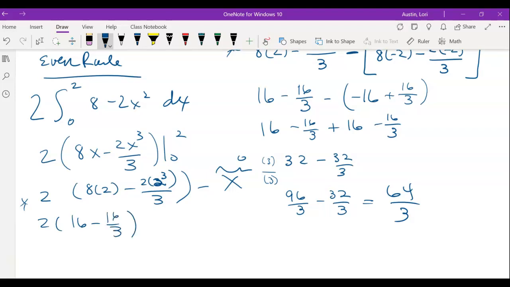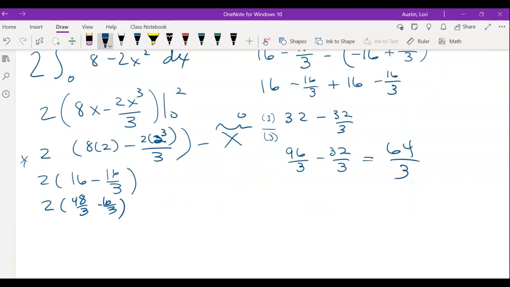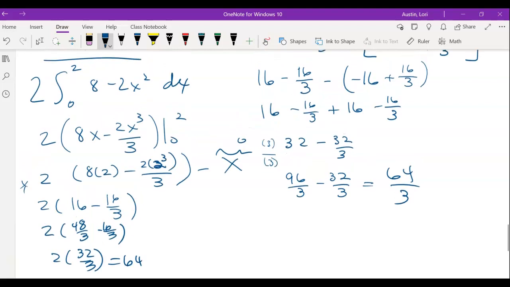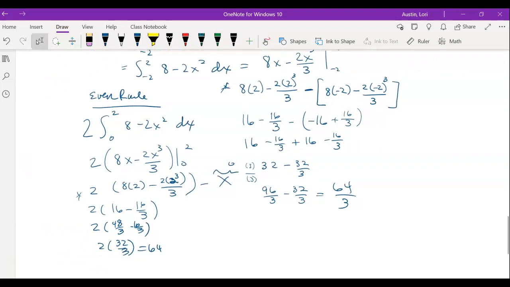You still have to do 16 minus 16 thirds, so you've got to take 16 times 3. Calculators. 16 times 3. Come on, it's like the last lesson of the year. 48, thank you. Which I think gives you 2 times 32 thirds. So, I mean, you can compare the math.